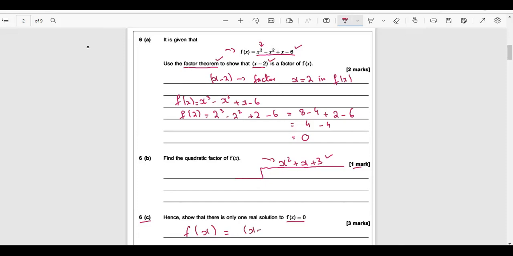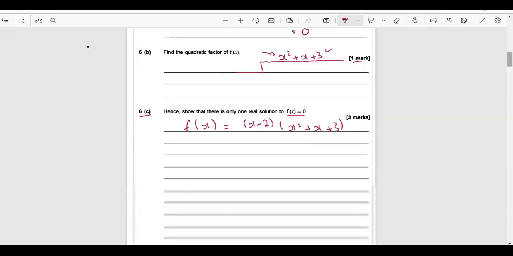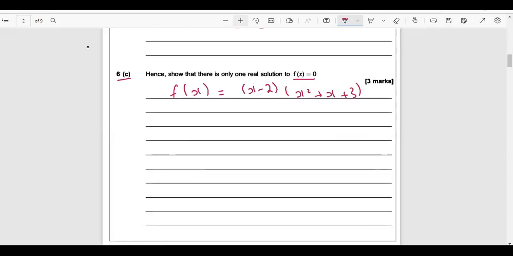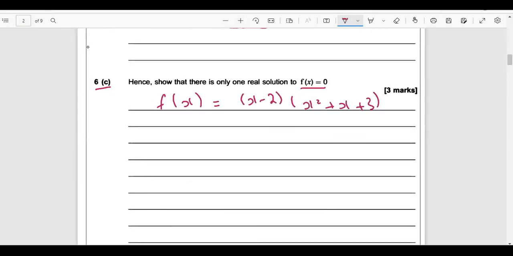So it would be x minus 2 into x squared plus x plus 3. Okay, we have everything in front of us, so we don't need the previous parts. Let's do it. We need to show that there's only one real solution of f of x equals 0. So I'll just rewrite this as x minus 2 into x squared plus x plus 3 equals 0.